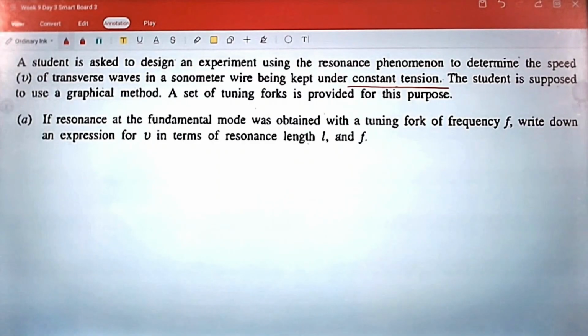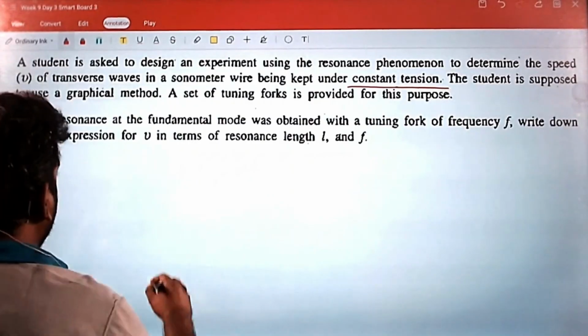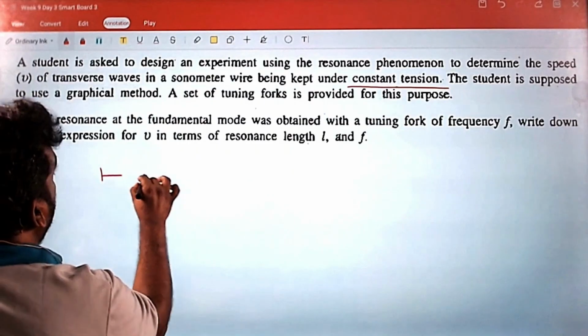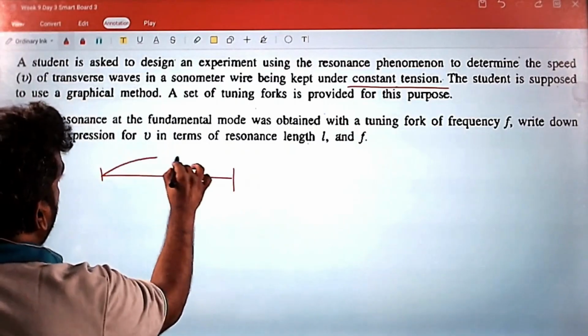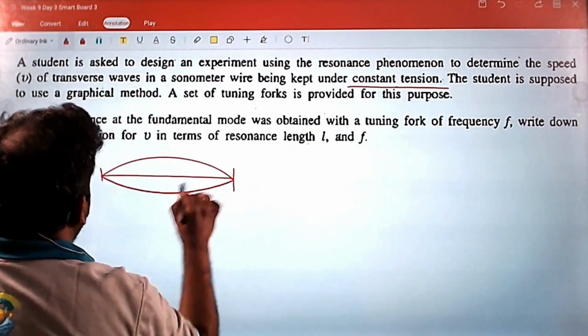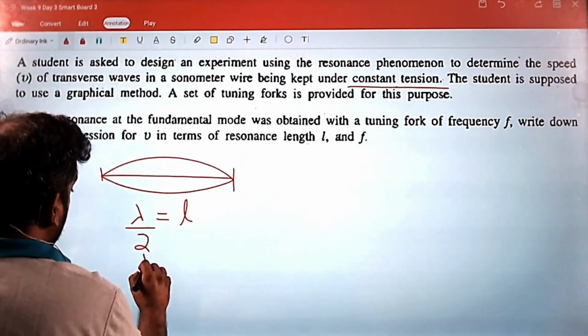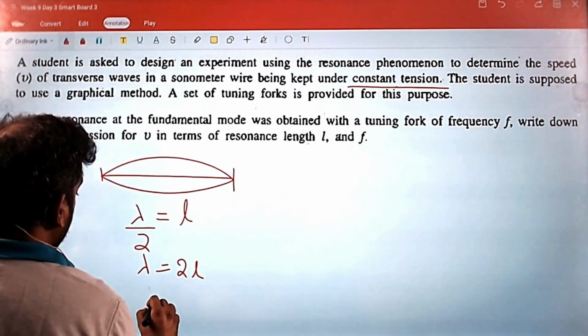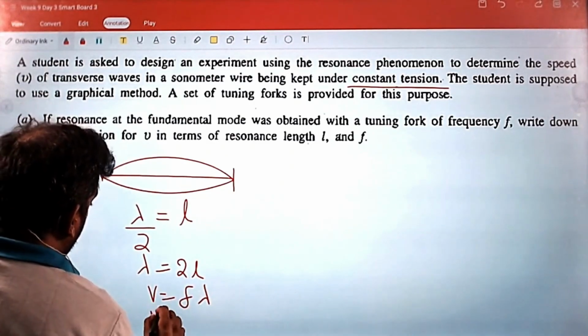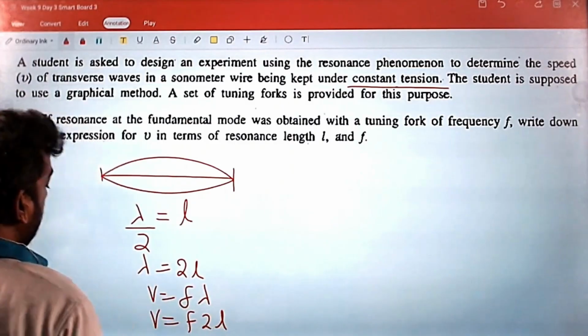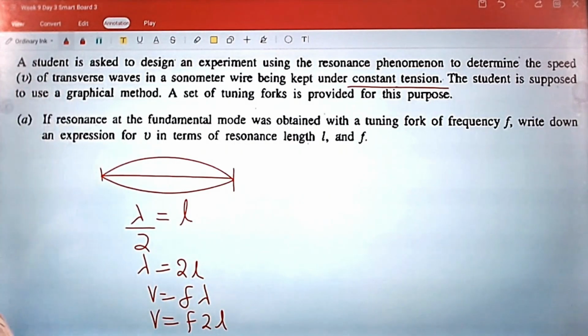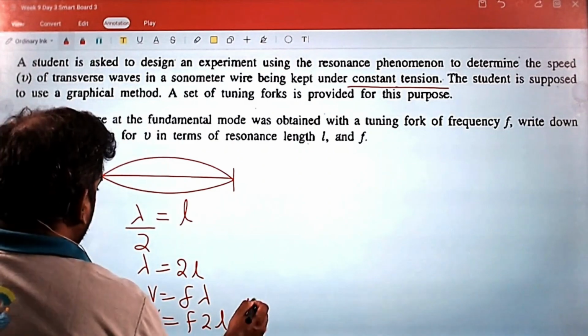They are asking you to write a relationship. So for the fundamental mode, lambda divided by 2 is equal to L. Lambda is equal to 2L. V is equal to F lambda, F times 2L. So V equals F times 2L is the relationship.